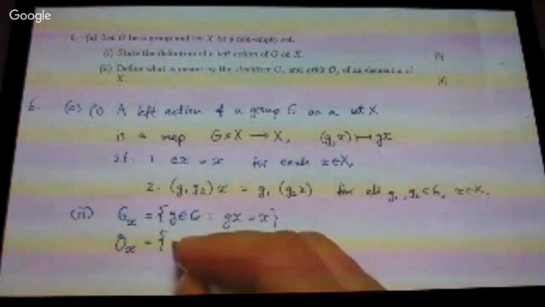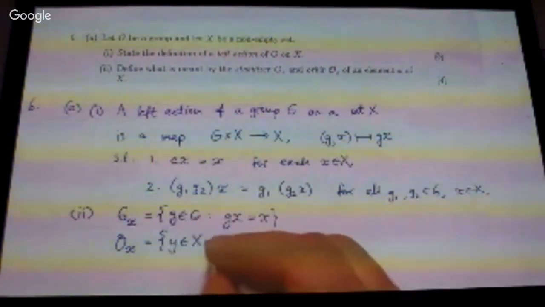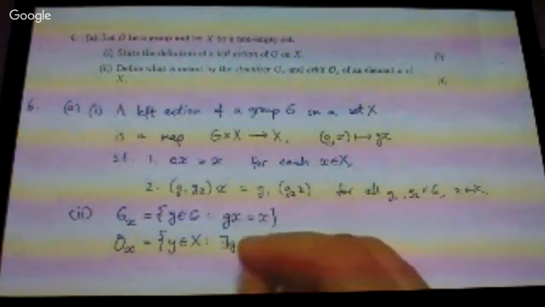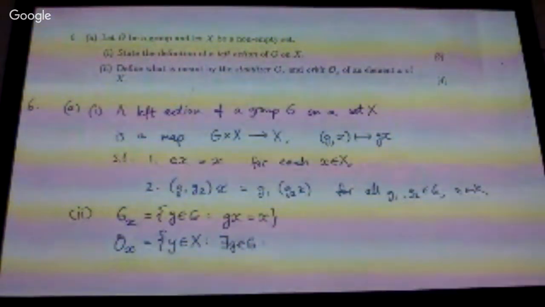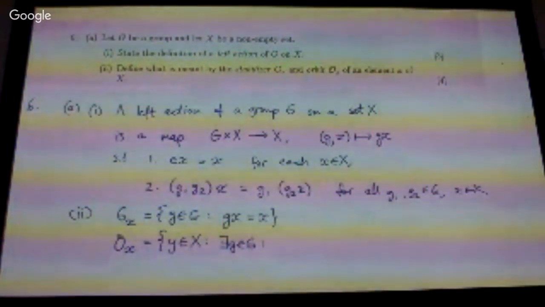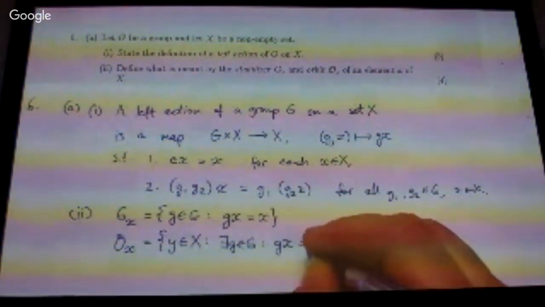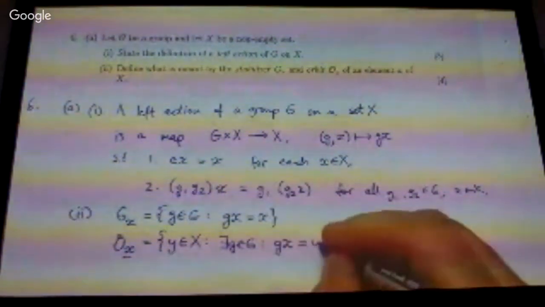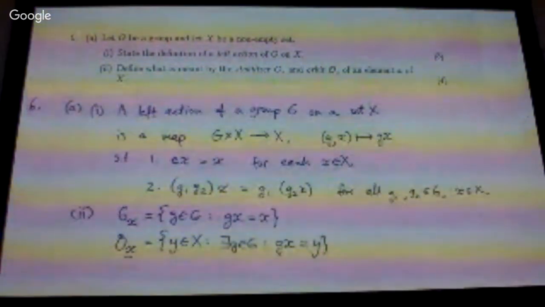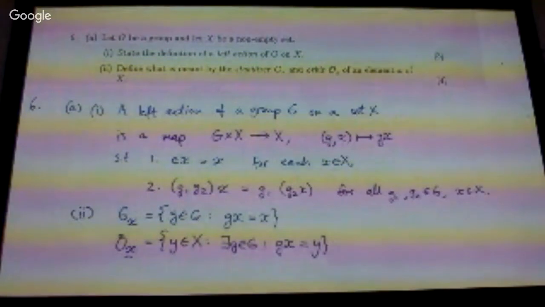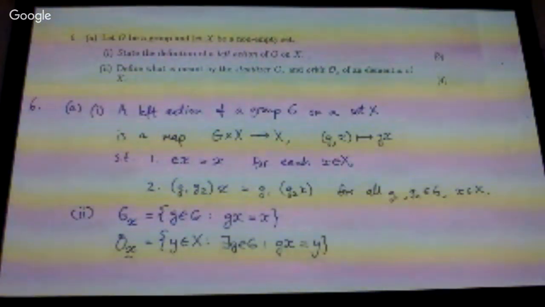So this is all the Y's in X such that there exists some transformation, some element of the group, which maps this particular X to Y. I hope. If you see something wrong, just stop me.